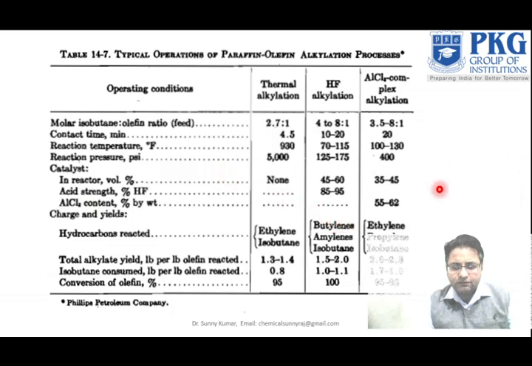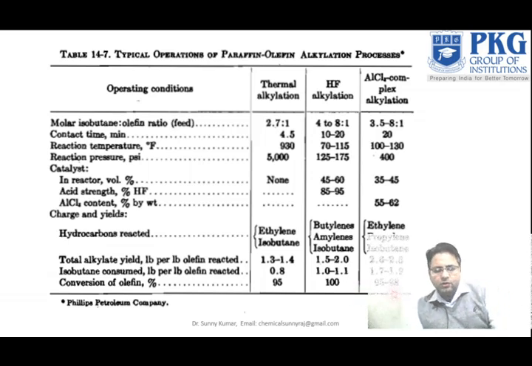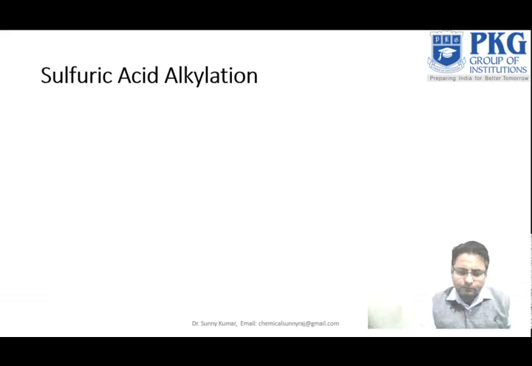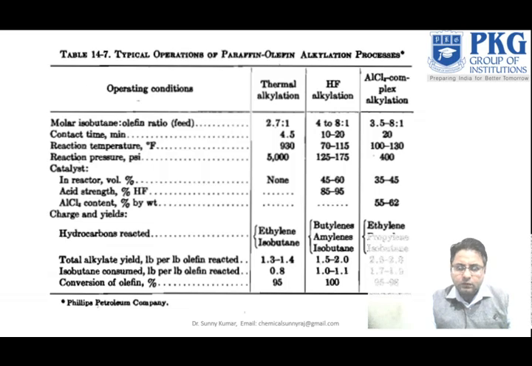Aluminum chloride content is 55 to 62% by weight, and for the hydrocarbon reacted, that is ethylene, propylene and isobutylene, the total alkylate yield is 2.6 to 2.8, and isobutane consumed is 1.7 to 1.9. So conversion of olefin is 95 to 98%.